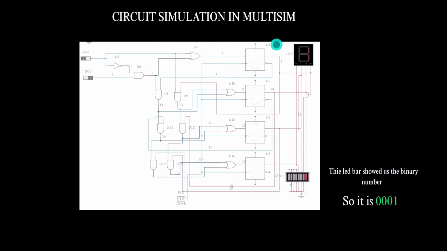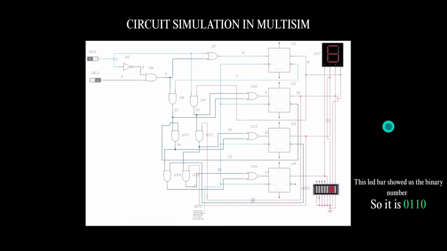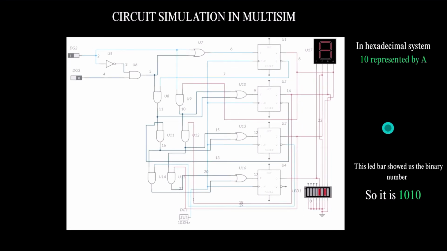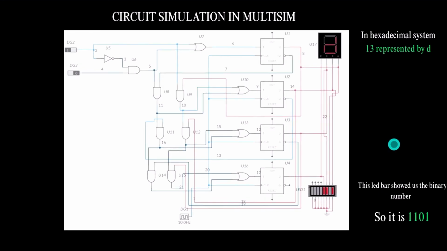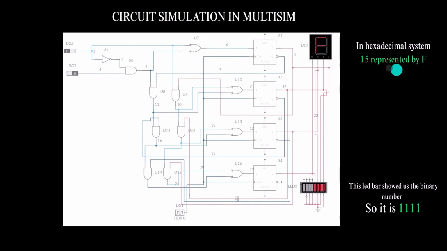Here it's counting up, which is 1, and in binary that's 1 0 0 0, and so on, until we arrive at A, which represents 10. It will be shown on the display as A, and in binary it's 0 1 0 1. We continue until we arrive at 15, which is F, and as you can see in the LED bar, it's 1 1 1 1.